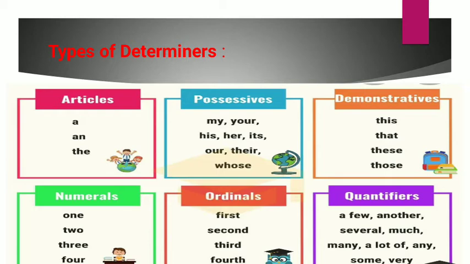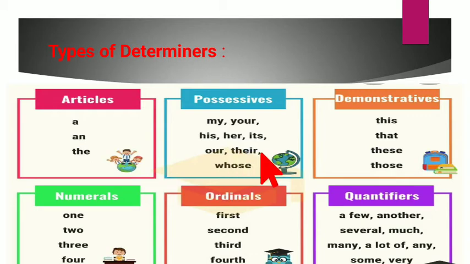Then come the possessive pronouns. Possessive pronouns include: my name is so and so, our house is at the backyard, your dress is very lovely.